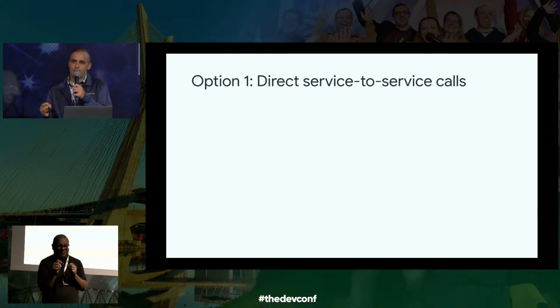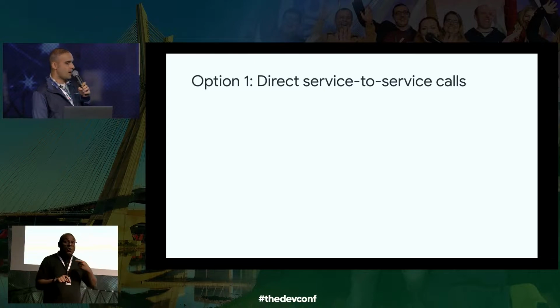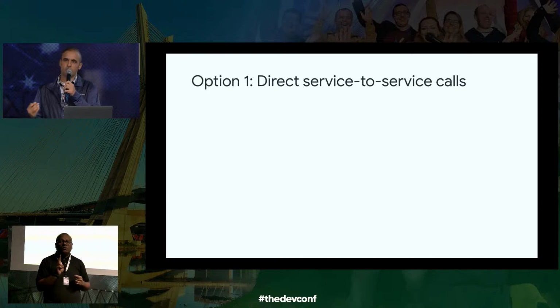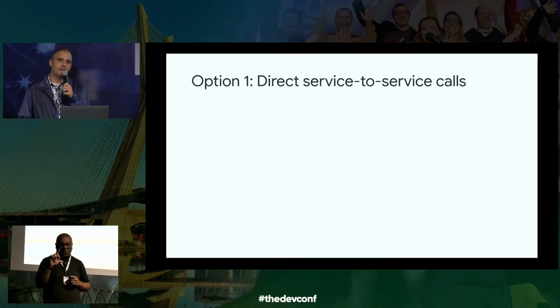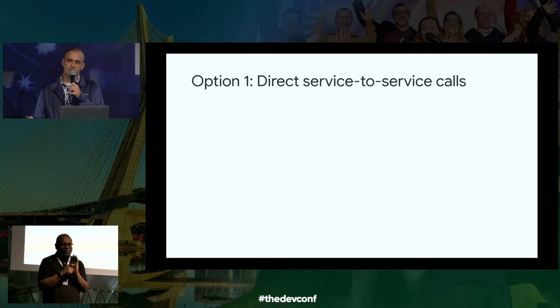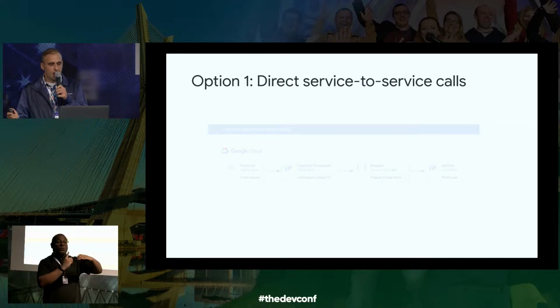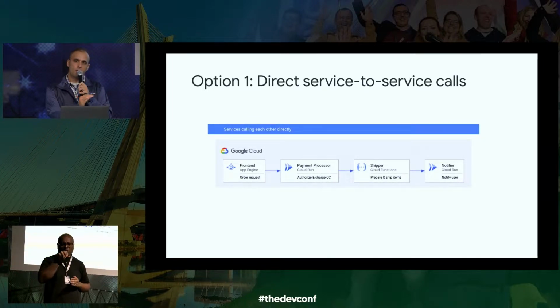Now, there are some options that you can choose in terms of how you organize your microservices. The first one that I want to talk about is what I call service-to-service calls. Let's imagine that you're building an e-commerce application, and in this application, you're trying to sell some items to your customers. One way of organizing your microservices is what I call chaining.